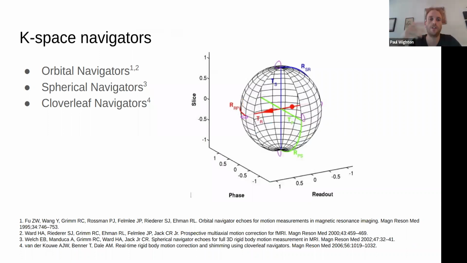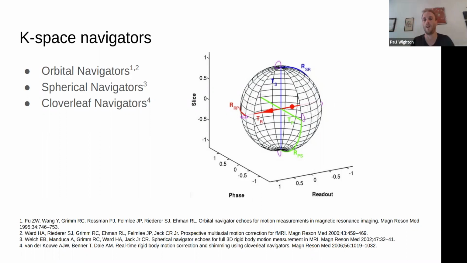So there are orbital navigators, spherical navigators. This image here is of a cloverleaf navigator, which has a complicated trajectory where it goes through the center of the sphere, then around one of the edges, and then through the center again. It ends up going through the center 3 times and around the edges 3 times as well.